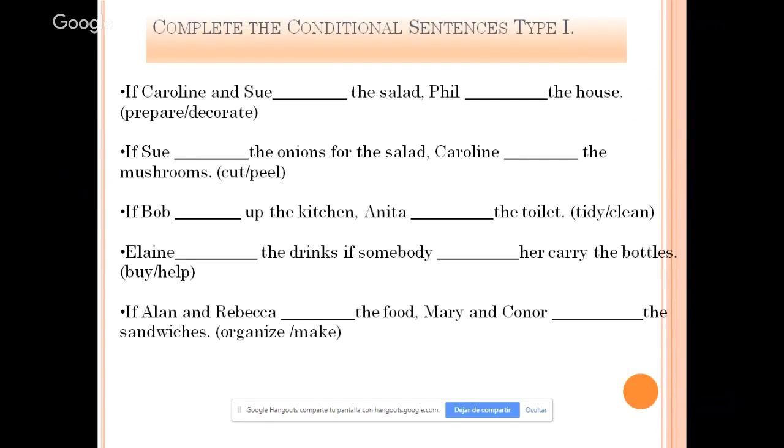So here you have a series of ideas, all of them using the first conditional, so you have to complete them using the verbs in parentheses. I'll give you a moment so that you can complete it.